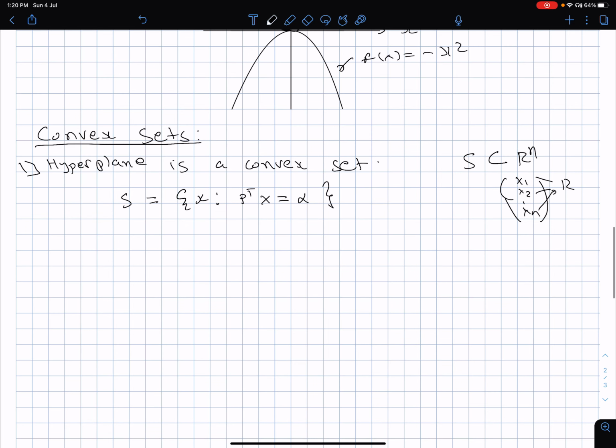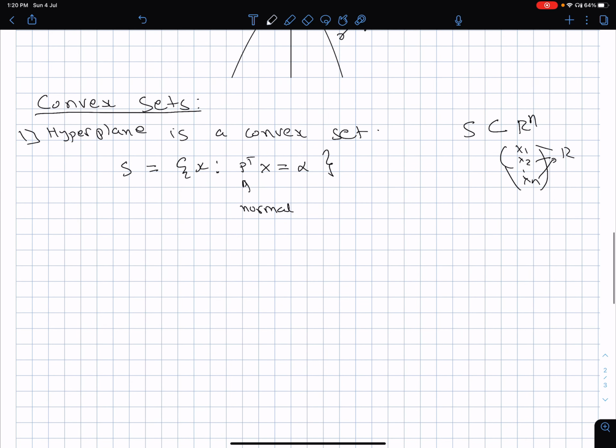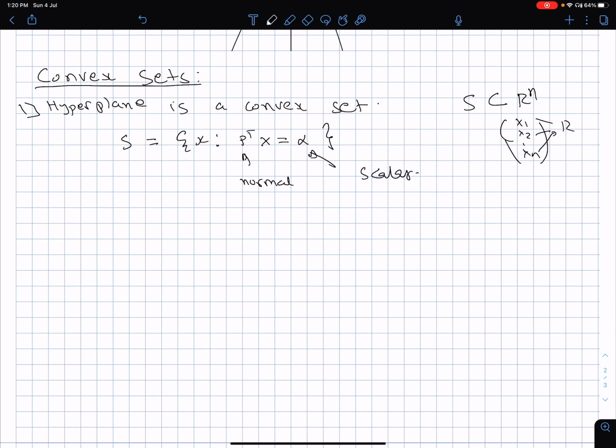Here P is called the normal and alpha is some scalar. This P is called the normal to this hyperplane. It is also called the gradient to the hyperplane. We'll see why.